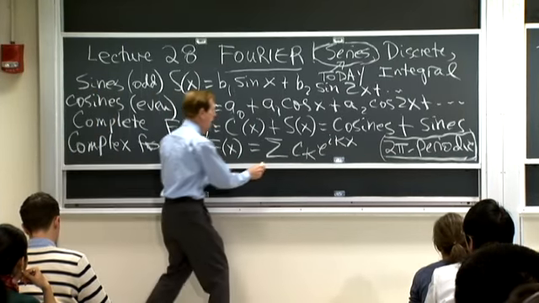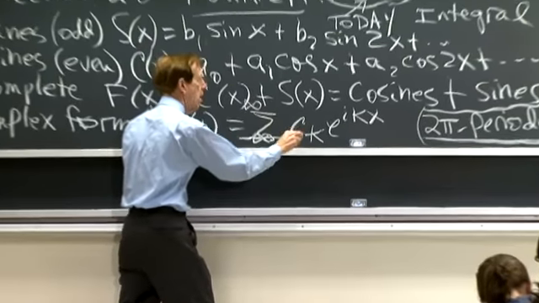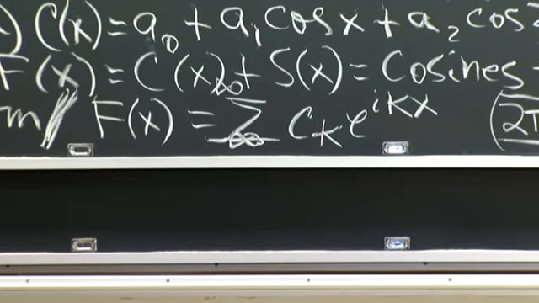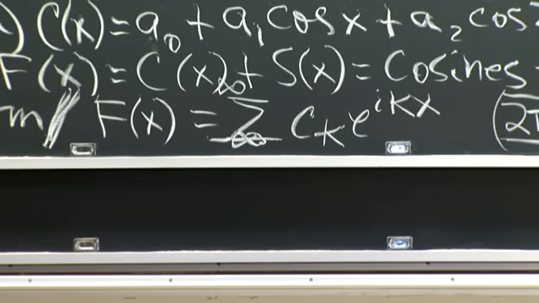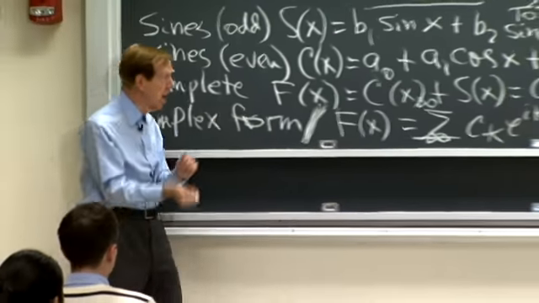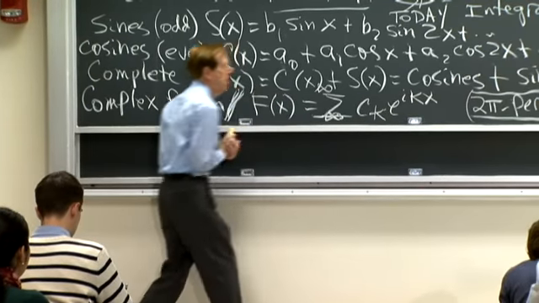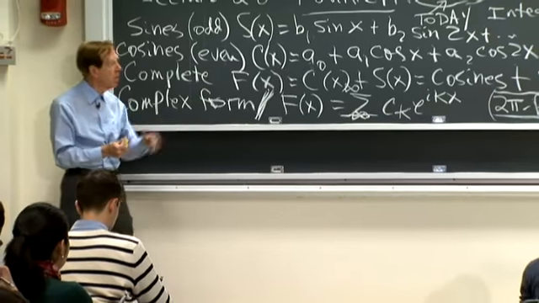If we let k go from minus infinity to infinity, so we've got all the terms, including e to the minus i 3x and e to the plus i 3x, those would combine to give cosines and sines of 3x. We get one nice formula. There's just one formula for the c's.